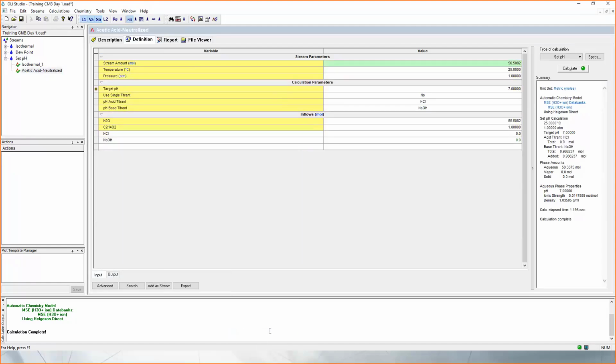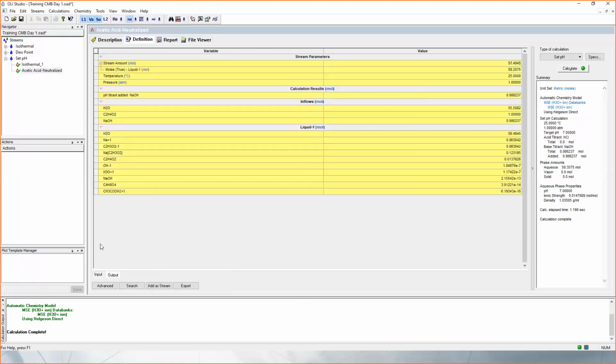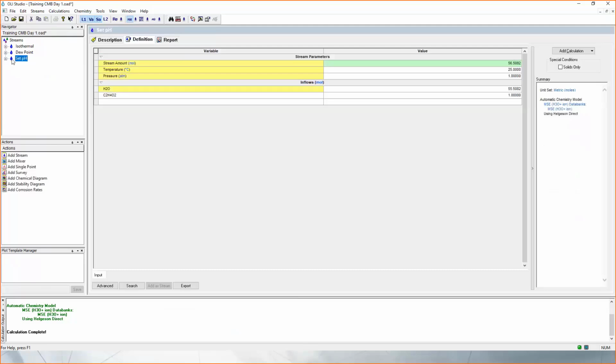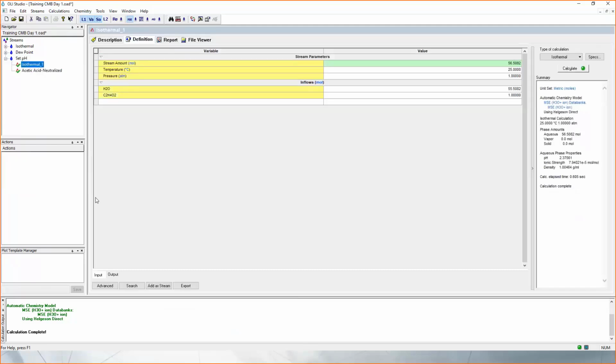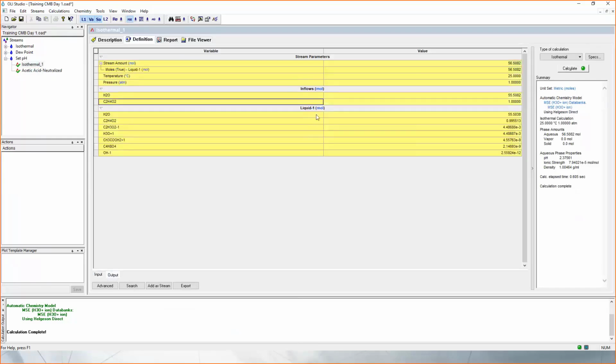So yeah, you're right. Go to the output tab. Thank you, Mike, for highlighting that. So once again, make sure that you go to the output tab down here. Don't stay in the input, go to the output tab, and then you can see the liquid 1 values, okay? Great, that's good.